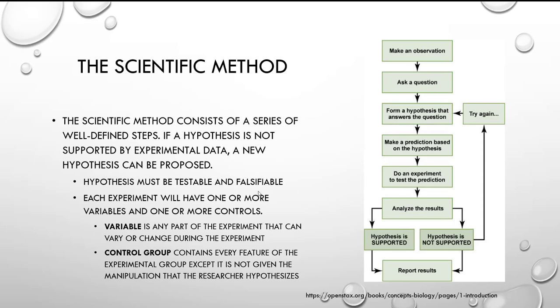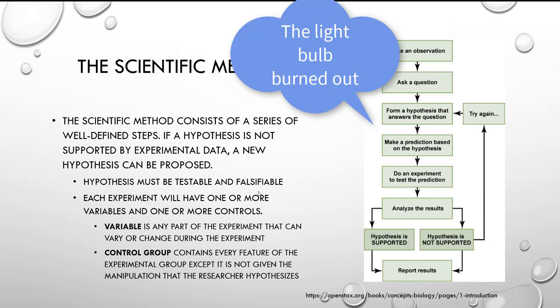In this case, if my light switch is not turning the light on, I could have a hypothesis that states that the light bulb burned out. That's a solid hypothesis. It is testable because I can remove the light bulb and replace it with a new light bulb.